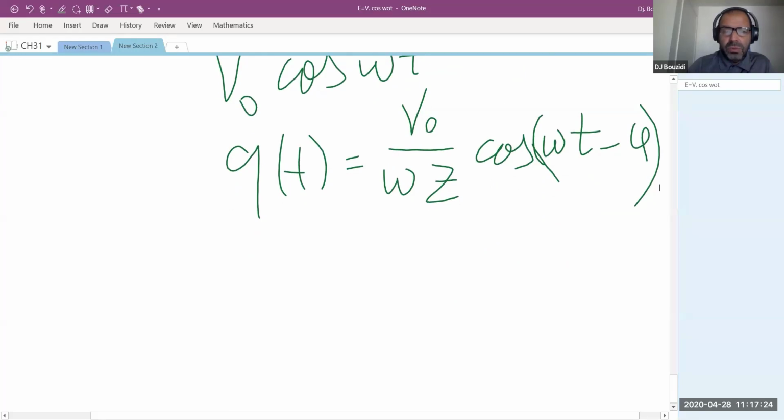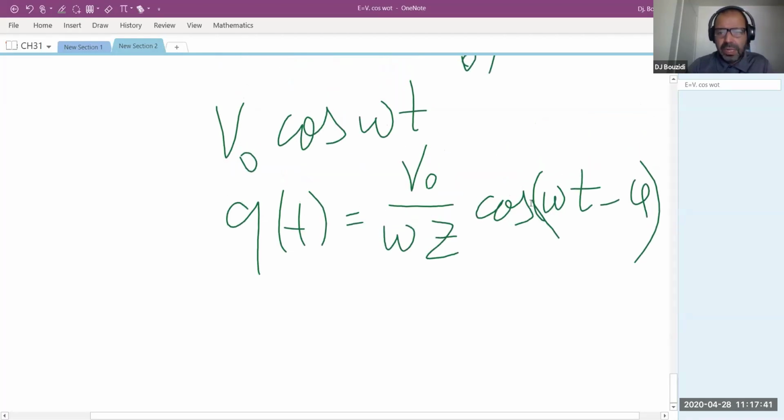Okay? If we take the derivative of this expression with respect to time, what is my expression here? I'm sorry, sine. Did I say cosine? It's a sine. The solution is actually a sine, not a cosine.